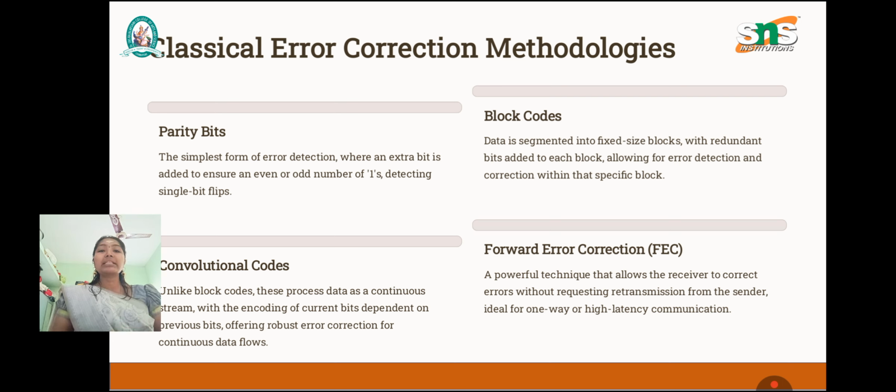Parity bits are the simplest form of error detection, where extra bits are added to ensure an even or odd number of ones, detecting single bit errors. Block codes represent a data segment as a block of fixed size with redundant bits. Convolutional codes process continuous streams of data with the encoding of current bits.